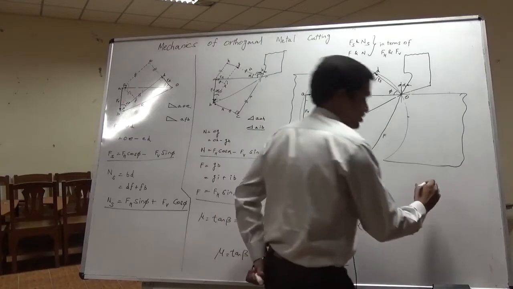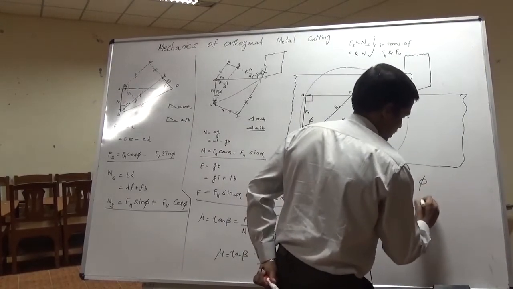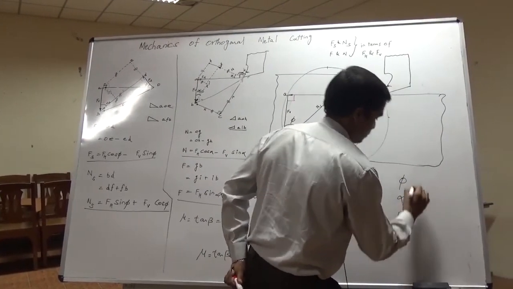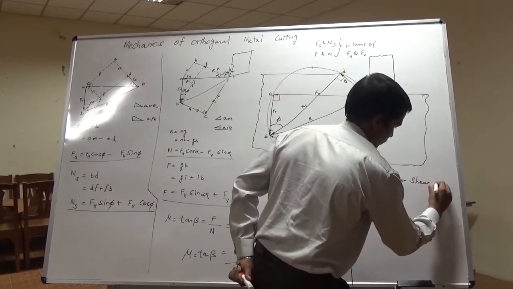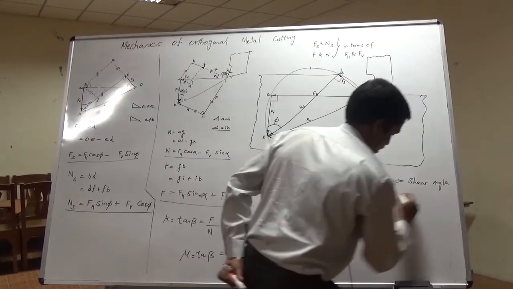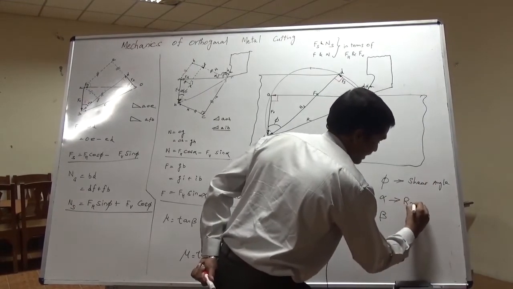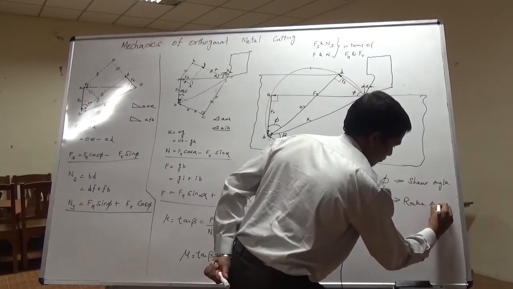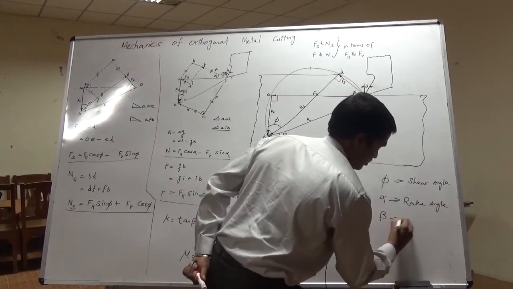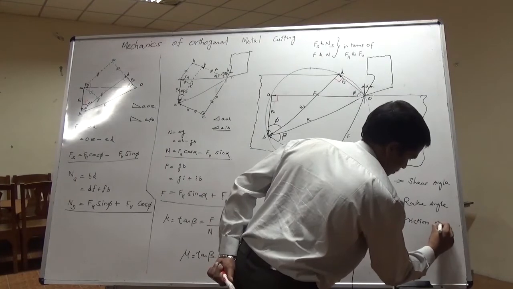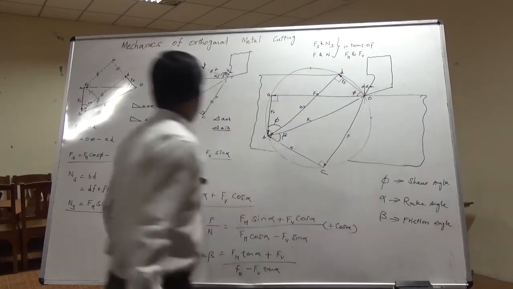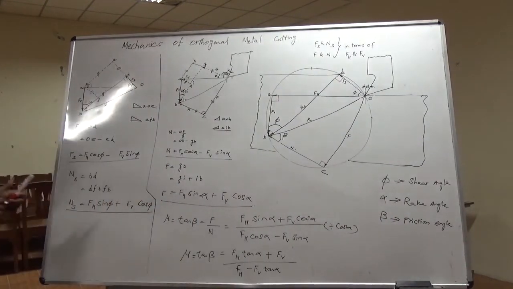Remember three angles, one is phi, alpha, and the last one is beta. Phi is shear angle, alpha is back rake angle or rake angle, and beta is friction angle. Friends, once again I repeat the concept.